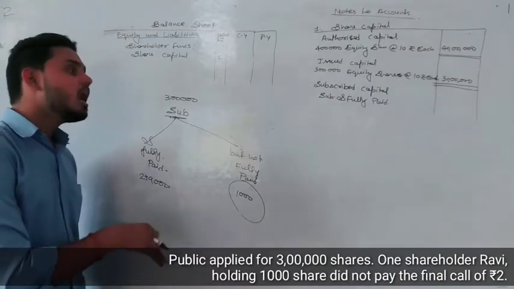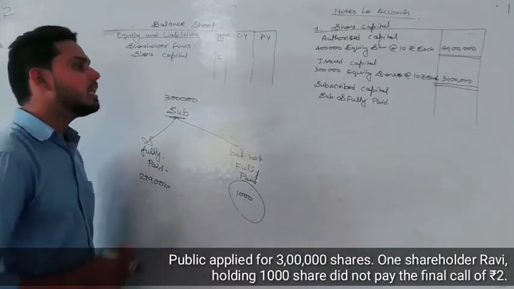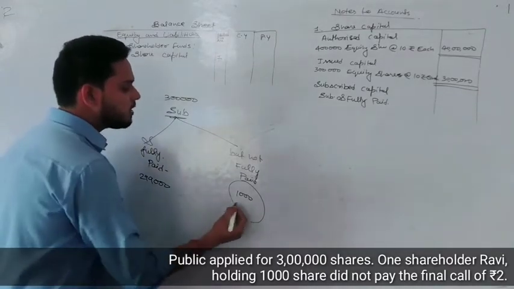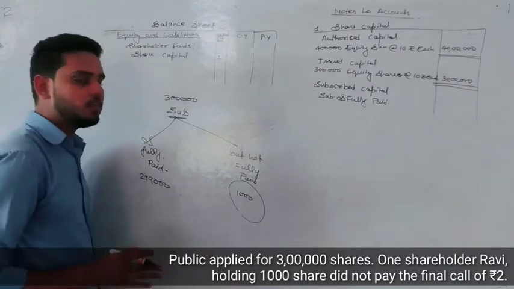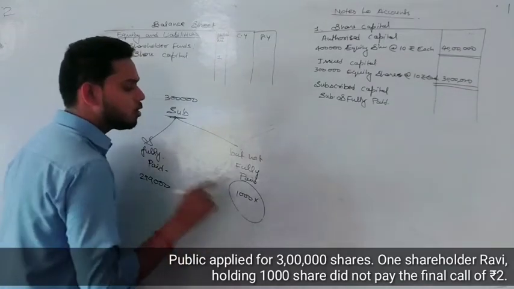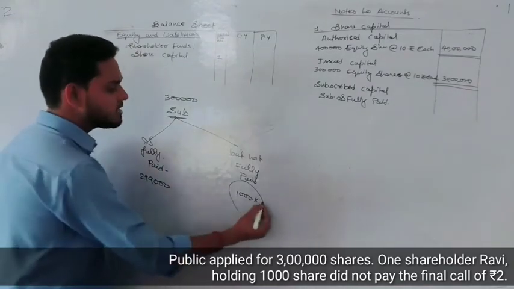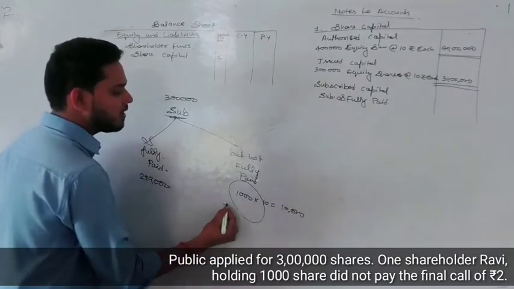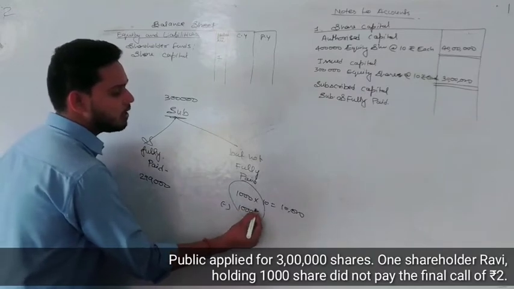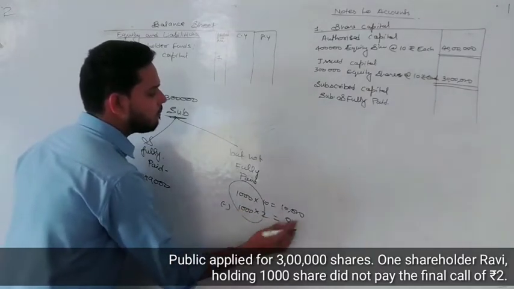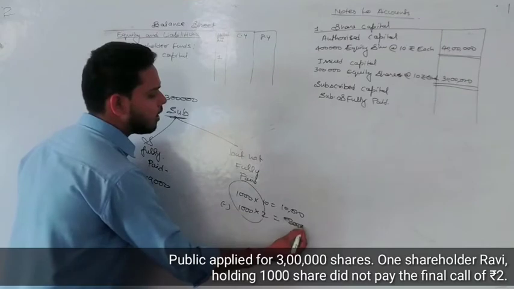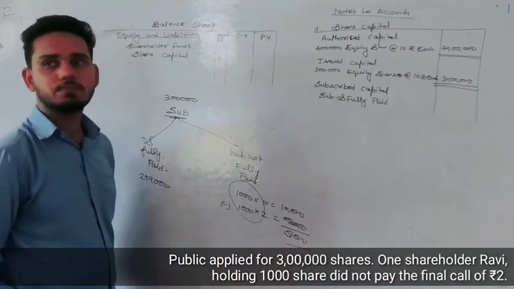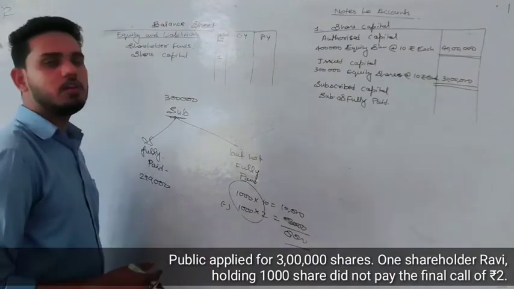Now let's see how we will make the presentation in this situation. But one more thing: it is given here that these 1,000 shares were held by Ravi and on this only 2 rupees was not paid. So we can say that 10 was asked, that was the total asked money, and on this 1,000 into 2 was not received, meaning we didn't receive 2,000. So what did we receive, sir? We received 8,000 only.